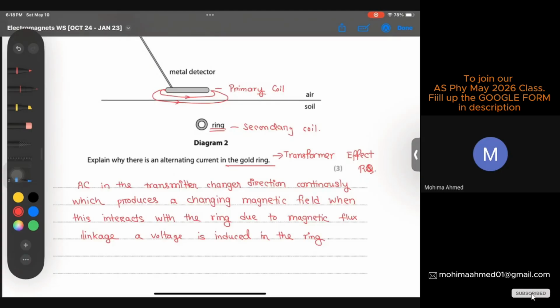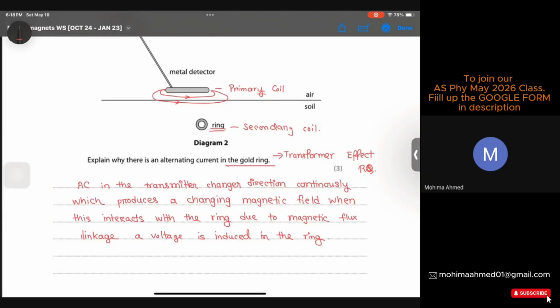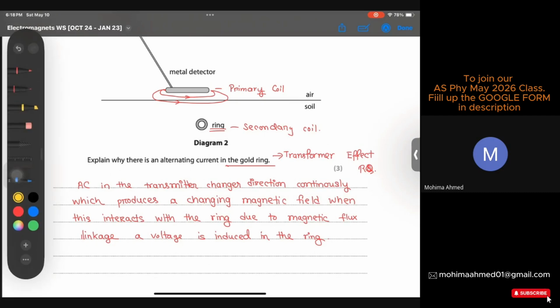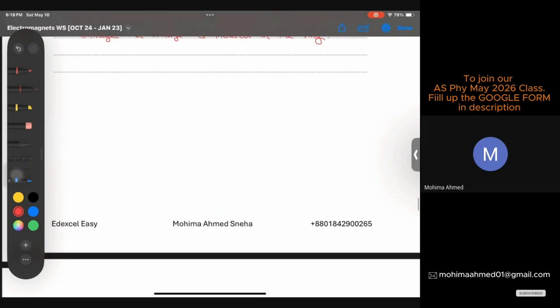Any question from this transformer effect? No questions, miss. Please, so we move on to the next one.